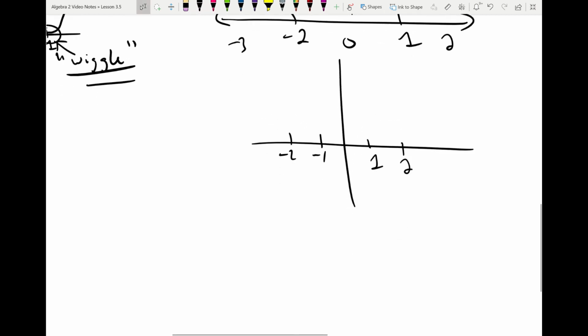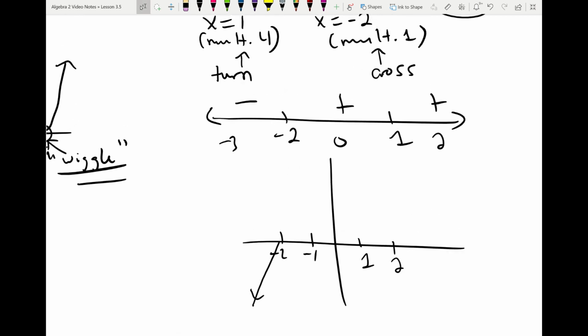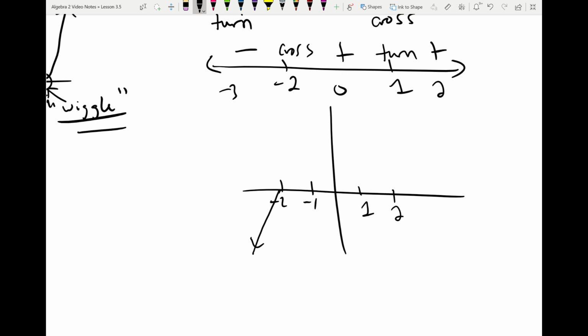To the left of negative 2, it's negative, so it's down. It crosses here, and it turns here. So it crosses the negative 2, goes positive up until 1, and then it turns at 1 and goes back up. So there's our graph.